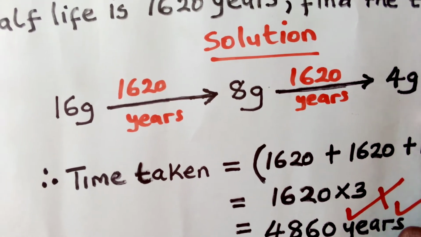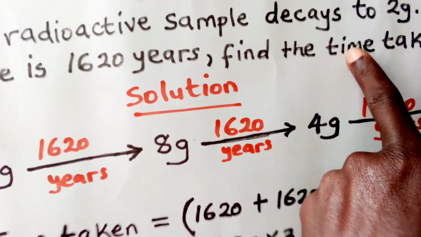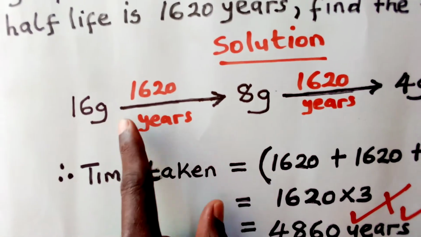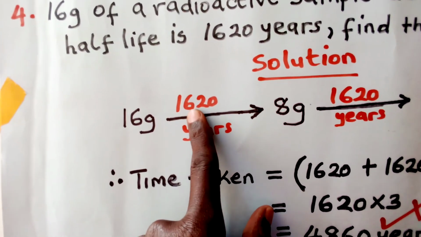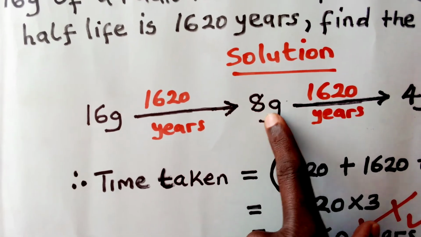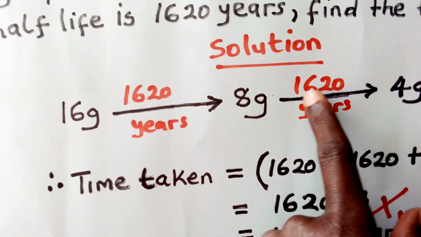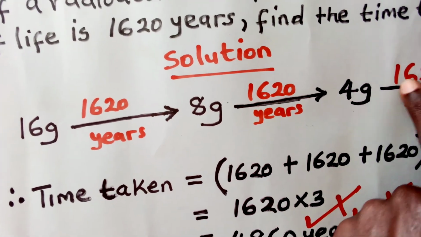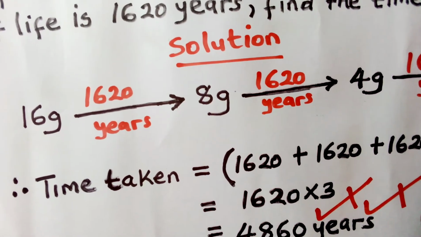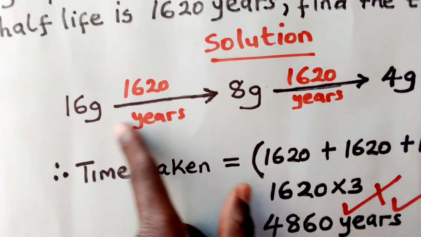So if somebody wants you to find the time taken, what do you do? This is the time taken for the mass to reduce from this to that. And this is also the time taken for it to reduce from this to that. Then this is also the time taken to reduce from this to that. So what do you do to get the total time? You add them.